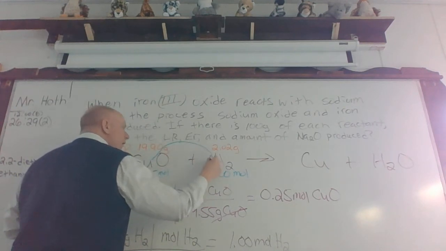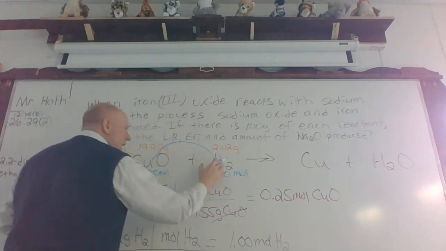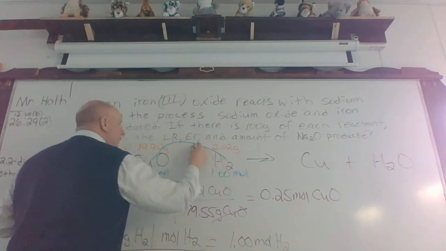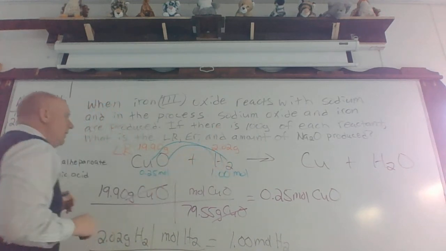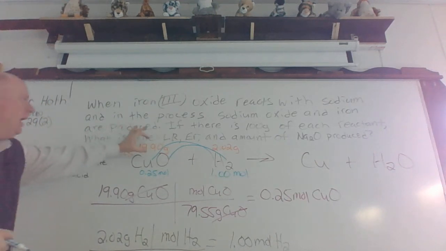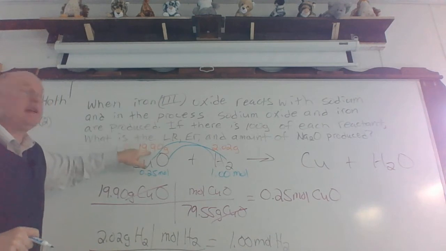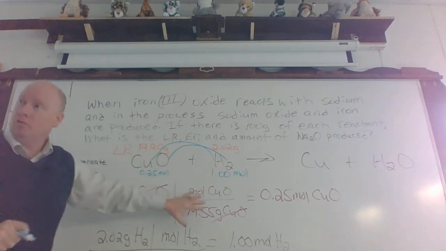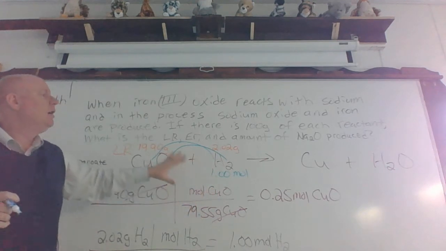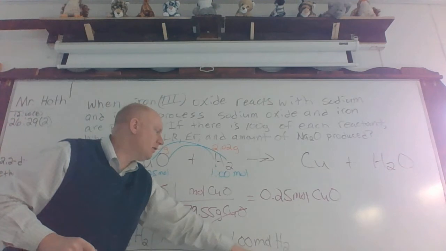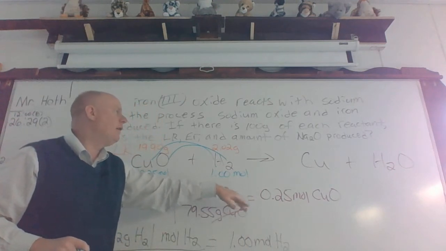You shoot over here to see how much of that hydrogen is required, and the same thing, shoot that over here to see how much copper oxide is required. We're past this step because we already changed grams to moles. So we've got 25 cents worth and $1 worth. That's how much we have.